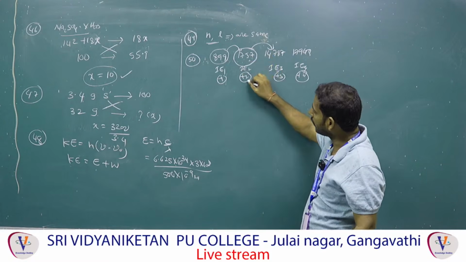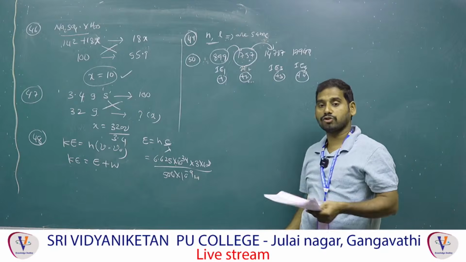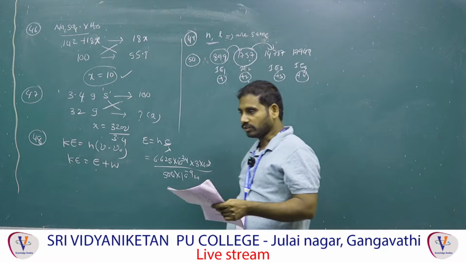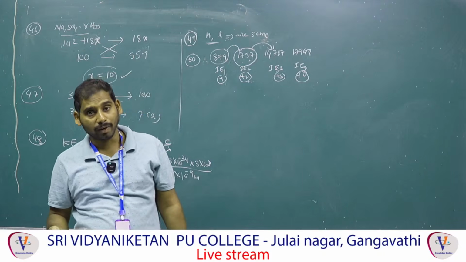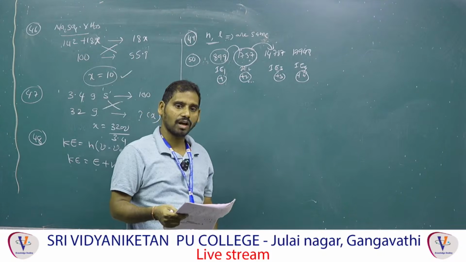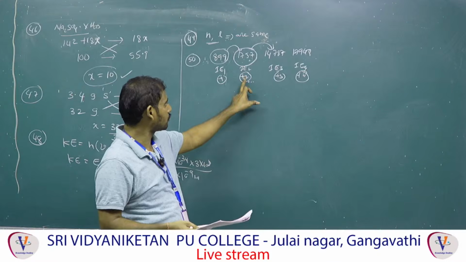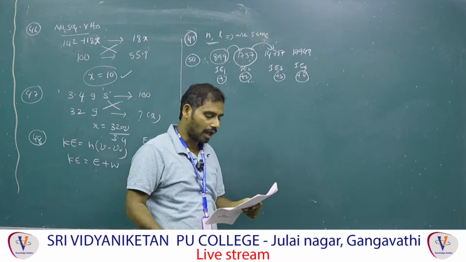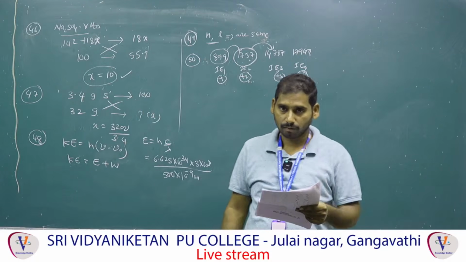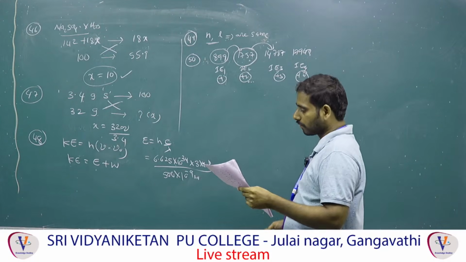That means this is related to +2. +1 means alkali metal, +2 means alkaline earth metal, +3 means boron family, like that. Now +2 to +3 requires a huge amount of energy, so it belongs to the alkaline earth metal family, that means group 2A.